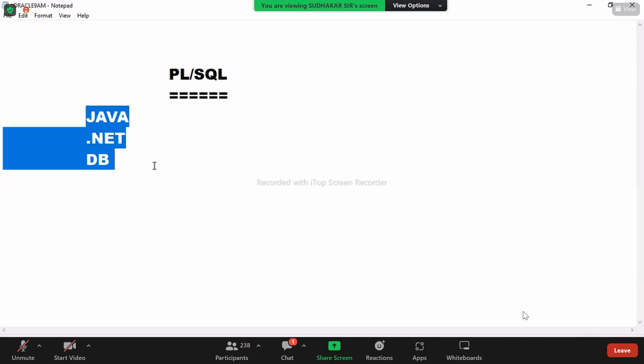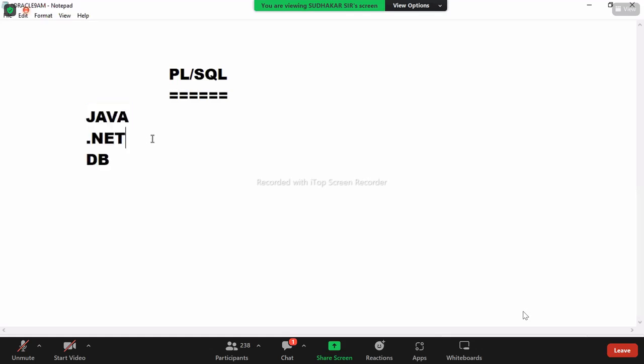Because in this part, stored procedures, triggers, cursors, packages and collections will come, and these are important for Java, .NET and database people. You can ask your faculty whether I'm saying right or wrong. That's why this course is mandatory for these people, and optional for the remaining technology people. Choice is yours.